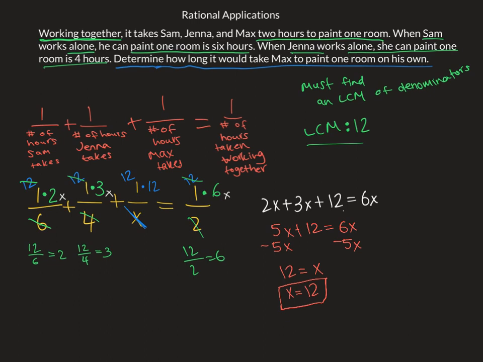So Max would take 12 hours to paint a room on his own. 12 hours. Now to reiterate one more time, we would start off by going 1 over x. The number of hours that Sam takes, plus the number of hours that Jenna takes, plus the number of hours that Max takes, equals the number of hours taken working together.